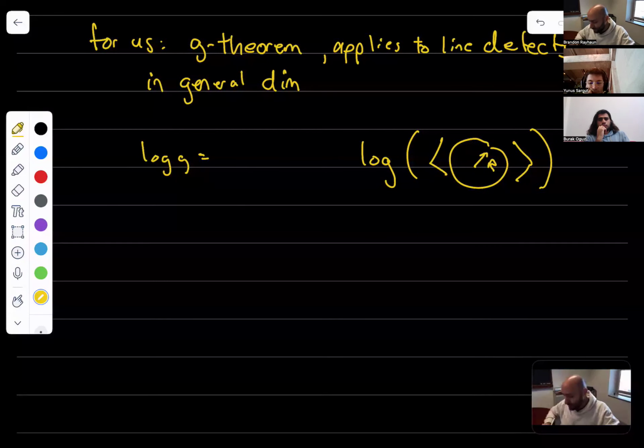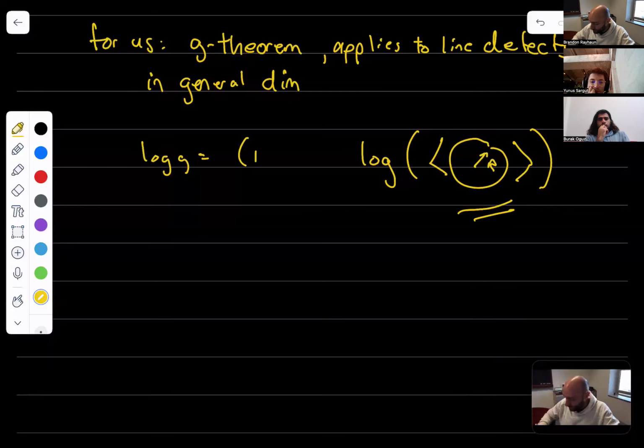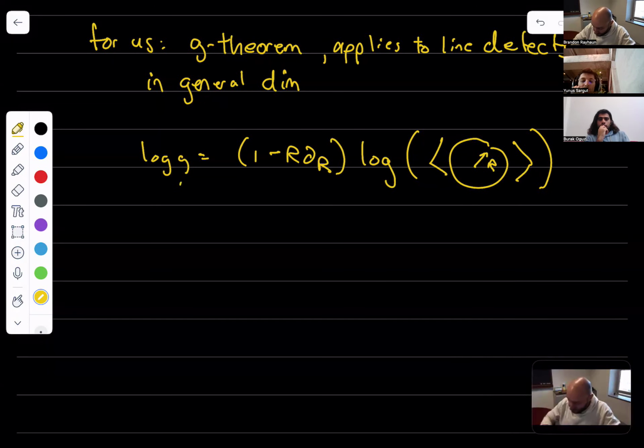This has a bit of scheme dependence to it. And so the way to extract the universal part of this expectation value is to act with this operator out front. When the bulk is at a fixed point, and the defect is at a fixed point, then you get some universal number, and that's what we call the G function.